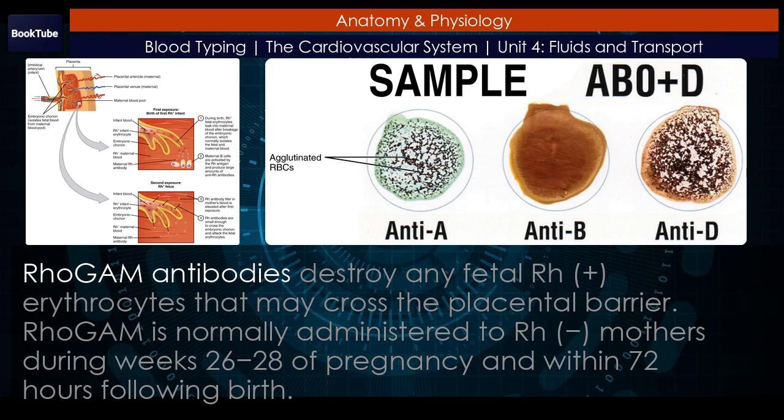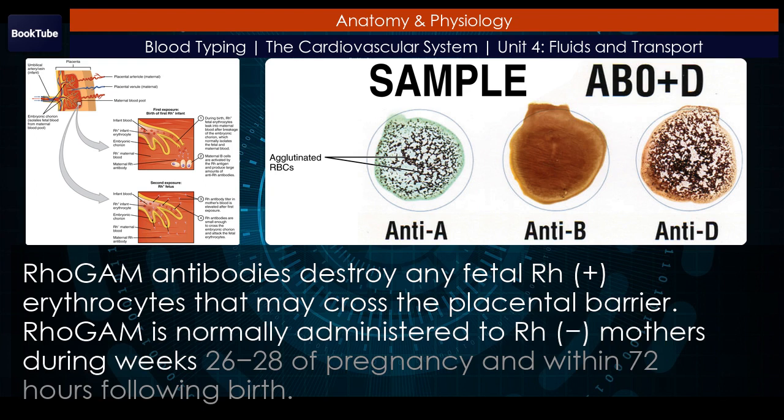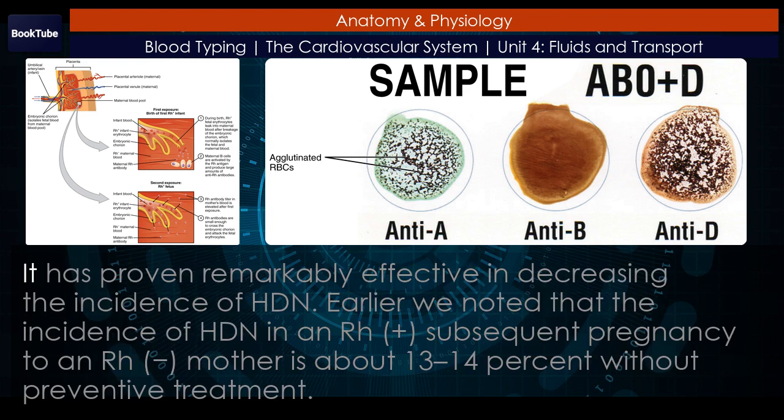ROGAM antibodies destroy any fetal Rh plus erythrocytes that may cross the placental barrier. ROGAM is normally administered to Rh minus mothers during weeks 26–28 of pregnancy and within 72 hours following birth. It has proven remarkably effective in decreasing the incidence of HDN.